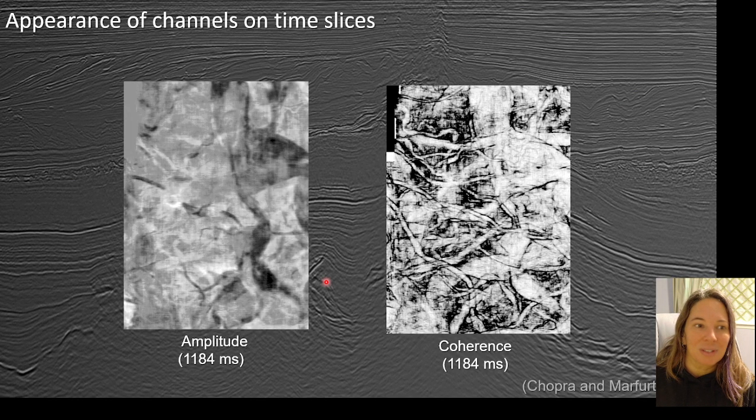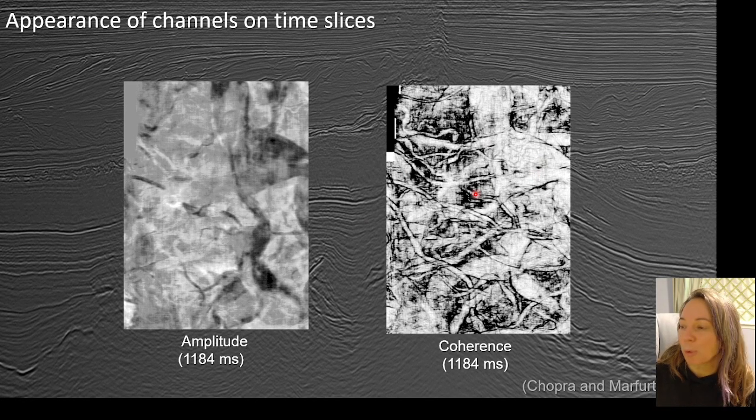You can also see when we zoom into images, again, here where we're still in the South Marsh Island area, we can see different aspects of it. If we're looking at the amplitude data shown on the left, we wouldn't be as confident as with the coherence data shown on the right.